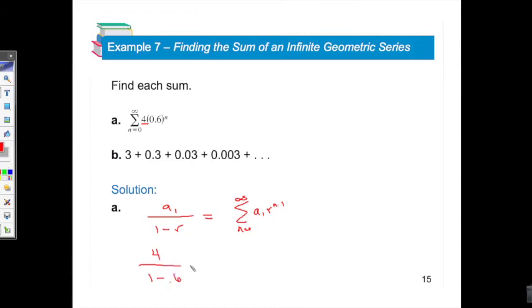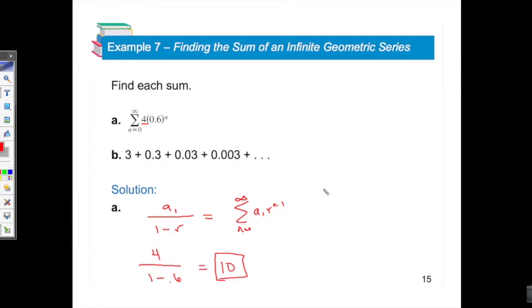And when I evaluate, what am I going to get? 4 divided by 1 minus 0.6 is basically 4 being divided by 0.4, which means 10. 10 is the solution to the infinite summation there, which means this geometric sequence is going up to and approaching 10 as we move closer to higher and higher values of n reaching infinity.